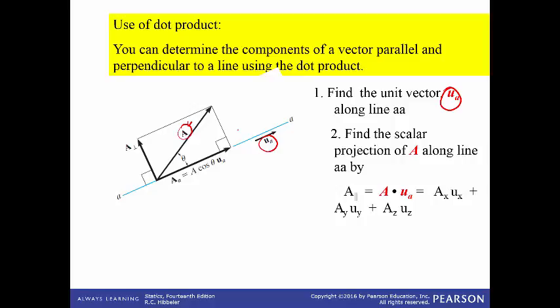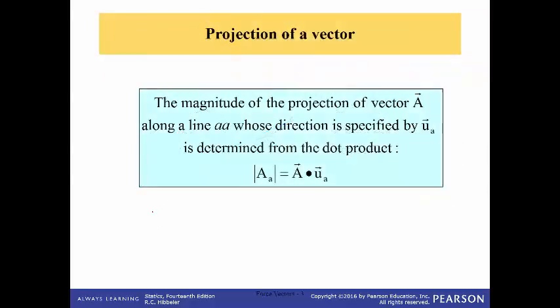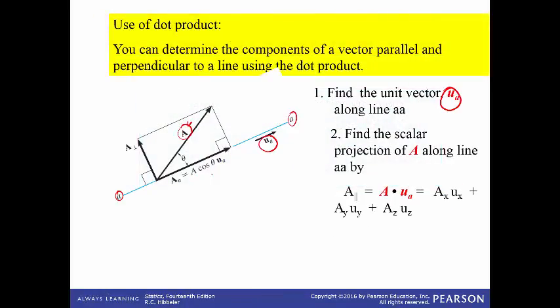Remember that we did the projections on axis X and axis Y? Well, now we can do that projection on any axis, along any line. So this would be line AA. The definition is that this gives you the magnitude of the vector that is parallel to that line AA.